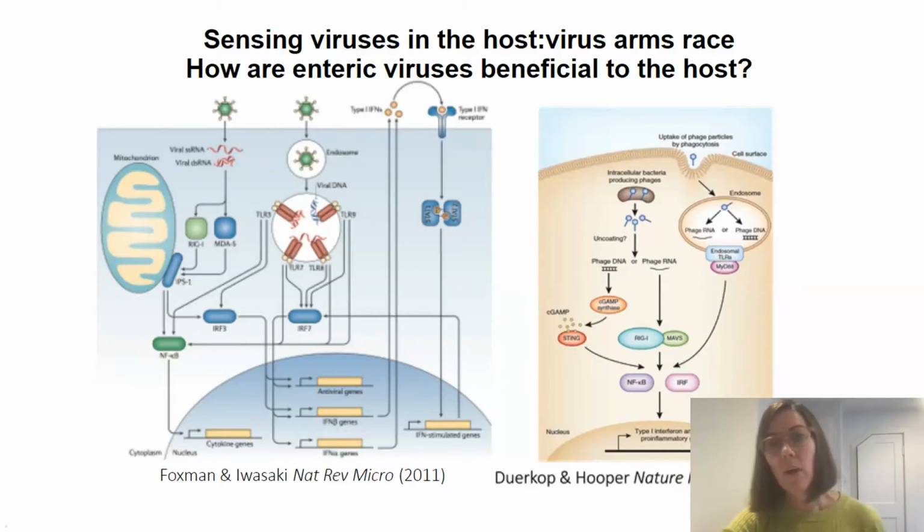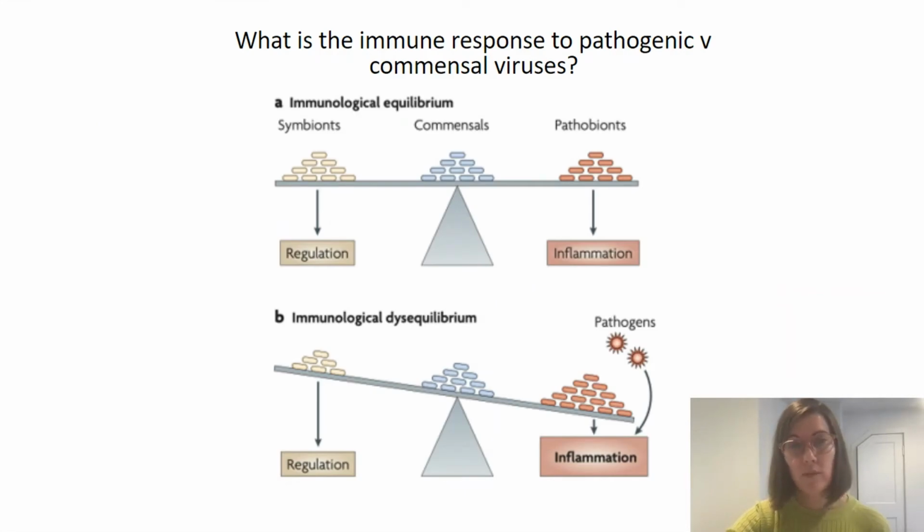Either way, there's evidence that these viruses can be sensed by our host innate immune system as well. And so we pose this very fundamental question: is our immune system clever enough to distinguish between a virus that is going to hurt us, or one that we've never seen before, versus those that are happily existing amongst us?